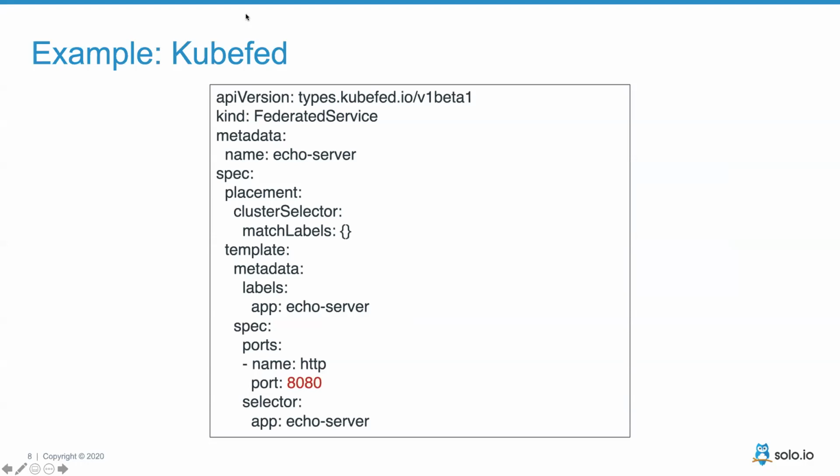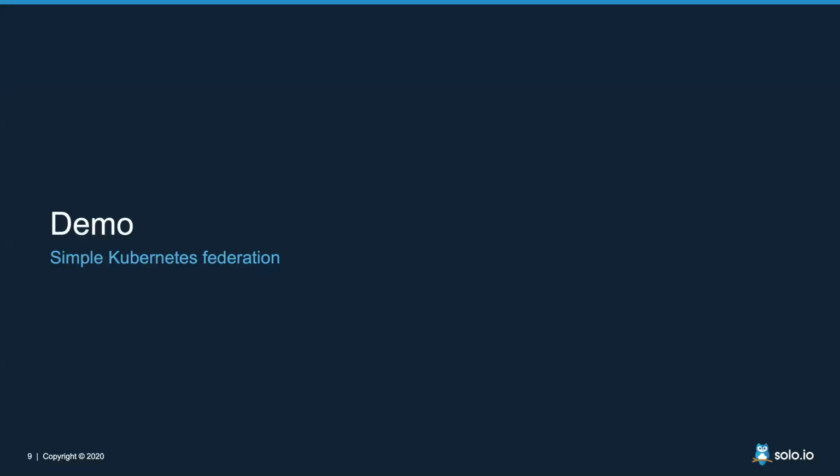A federated resource using Kubefed looks something similar to this. The name of the CRD is federated service or federated deployment or federated namespace. And you can specify onto which clusters that resource should go. And then the actual spec is exactly the same as the service, as though you would write it without it being for federation.